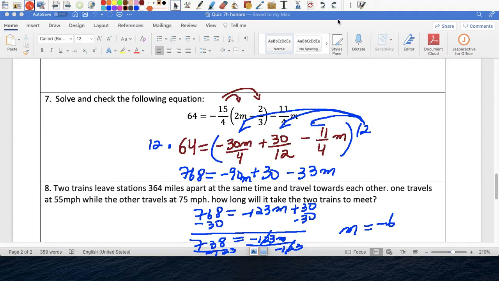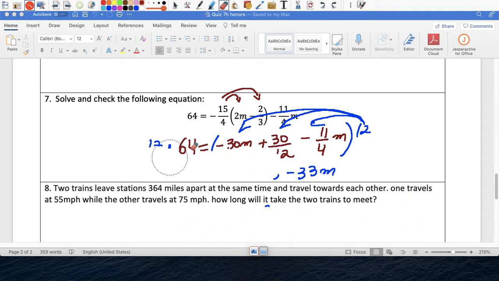Let me just double check here. Is it negative 6? Yeah. I found a mistake. Yeah, I found a mistake, guys. Sorry. Hold on, I have to go back.